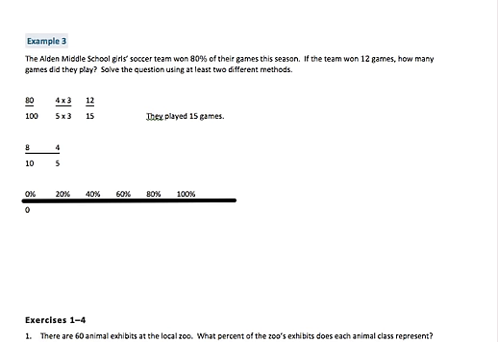We know that we have to start at 0 for the actual number of games. And we know that we have to get to 12. We have to get something past 12, however. We know that 12 is the 80% mark.